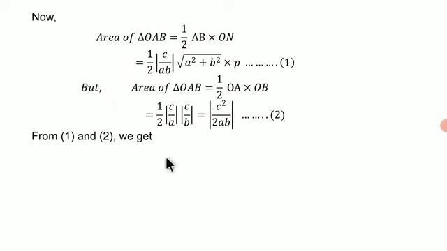So from 1 and 2, comparing both sides, 1 by 2 gets cancelled, modulus c gets cancelled, ab gets cancelled. Now we remain with square root of a square plus b square into p is equal to modulus c. And hence p is equal to modulus of c upon square root of a square plus b square. In this way, we get the proof for the first part.